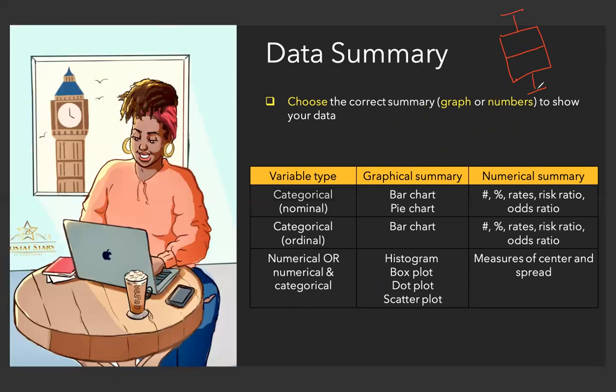So here, usually we're talking about one categorical variable. So this could be maybe age. Oh, no, sorry, I don't want to use age. Yeah, I actually can use age. So the variable, not categorical, the variable that I want to talk about is age.